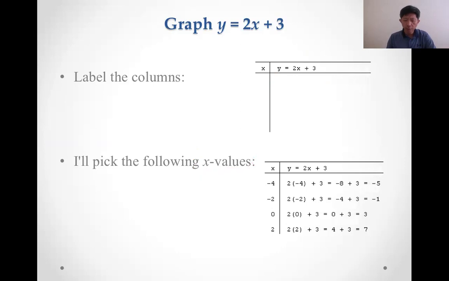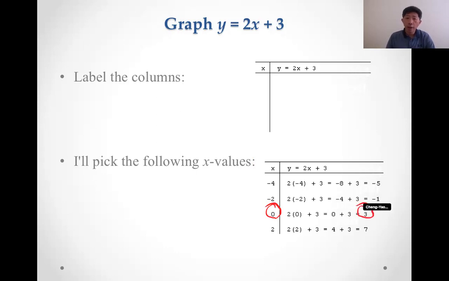Here is an example. I always start with 0. If x is equal to 0, then I plug in 0 there. So 2x is 2 times 0 plus 3, which is actually 3, so the point is (0, 3).